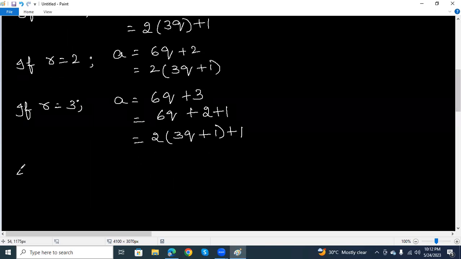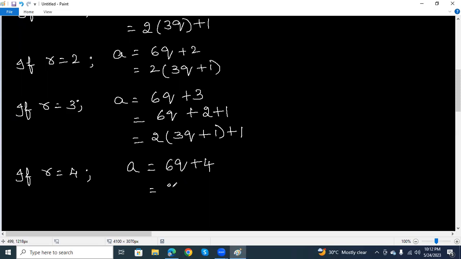Okay. If r is equal to 4, then a is equal to 6q plus 4. So if we take out 2 common, everywhere 2 only common, 2 threes are 6, plus 2 twos are 4. Again 2n form.